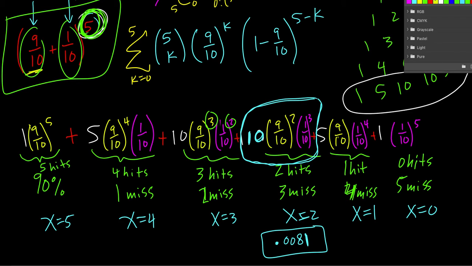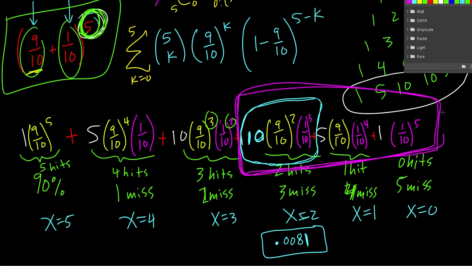And then it says at most 3 times. So if we're saying that x needs to be less than or equal to 3, we're going to look at all of this. And we need to figure those out. Okay, so we already figured out this one. So I'm just going to figure out this one, and then we'll add them together.